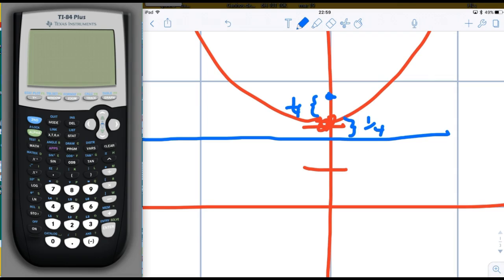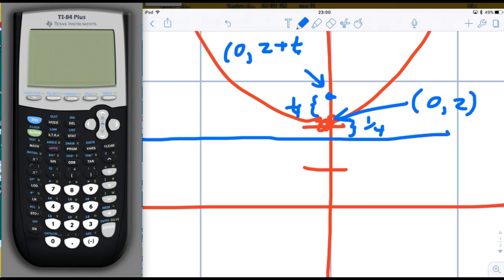So if the vertex location is exactly 2 units above the x-axis, which would be 0, 2, then the focus location would be 0, 2 plus 1/4. And if you remember your fractions, that's equal to 0, 9/4.